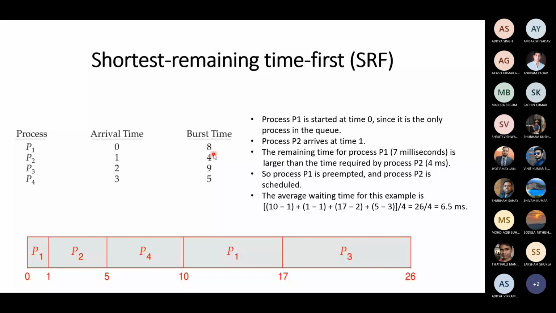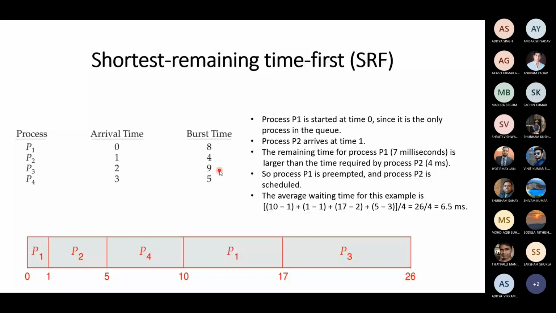We have to estimate it. We'll never know in actual time how long it will take. So predicting the burst time or completion time for a process is not the reality. So practically shortest remaining time first or shortest job first is not possible.